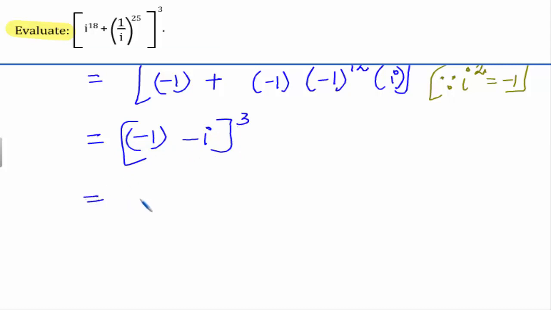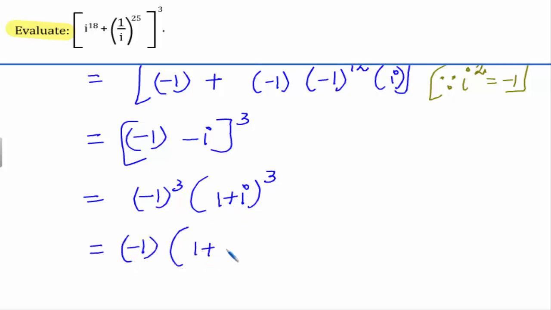If we take minus 1 common from this, we get (minus 1) whole cube multiplied by (1 plus i) whole cube. This will be equal to minus 1 multiplied by 1 plus i cube plus 3i plus 3i square.